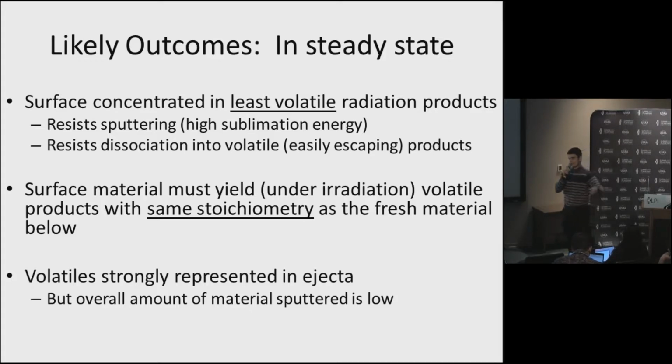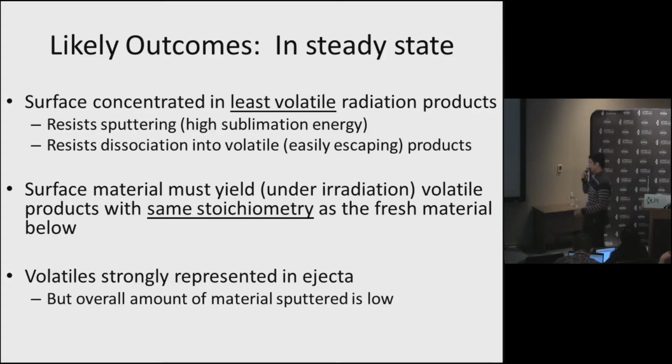If there's no chemical pathway that leads to graphite, as in the case of water ice or CO2 ice, then that's just not a pathway that you have. So the sputtering of those materials may remain high. But if there are chemical pathways that form these refractory materials, presumably the surface material would acquire this resistance to sputtering.